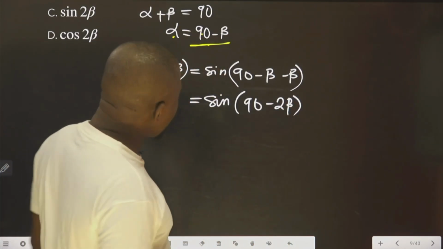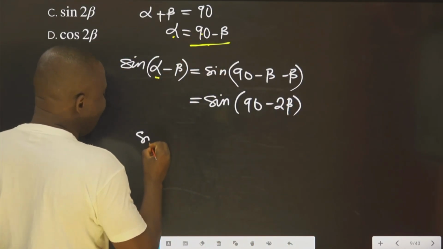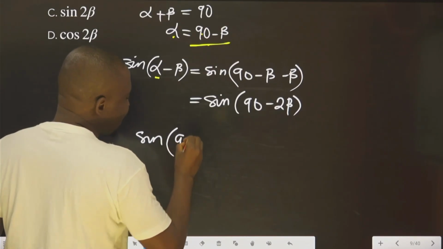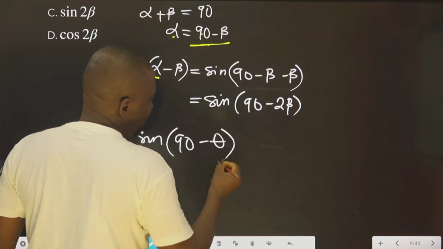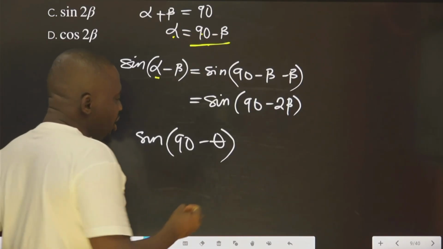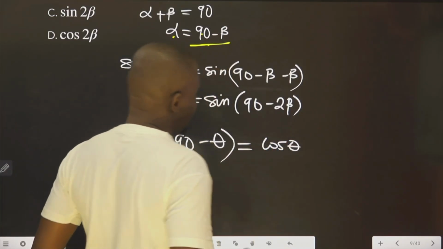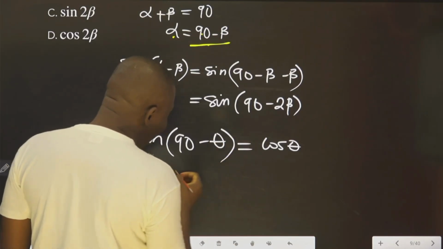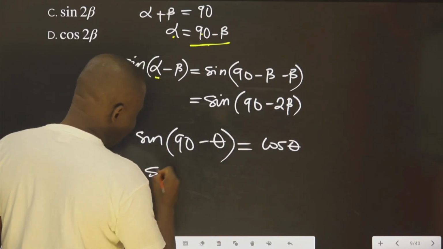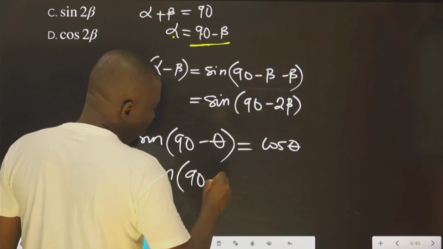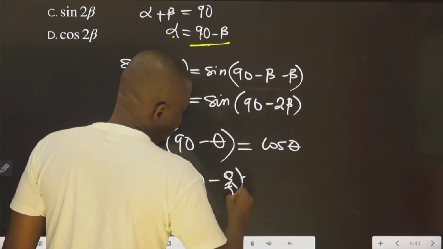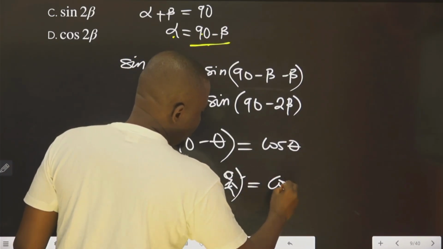You agree with me? If you have sine 90 minus theta, you remember your complementary angle is equal to cos theta. So whatever you have there, for instance sine 90 minus theta is cos theta.